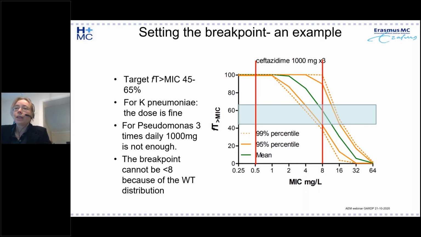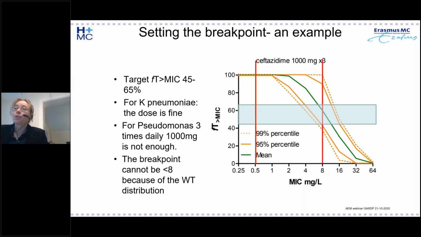So then you have to think, what exactly do I need to recommend a dose? If you would recommend only on the mean of the population, the green line, you see that the target reached goes up to about 60%. So maybe the mean patient can be treated with this dose.